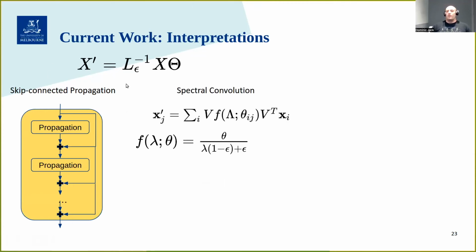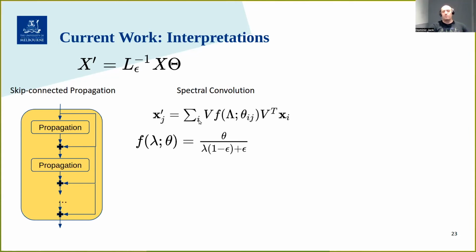But there's also a cool spectral interpretation. If we go back to this form of our spectral convolution, and rather than our f being 1 minus lambda with a theta, we do a 1 over lambda with some shifts to avoid singularities, then we end up with this expression up here. And recall we said that eigenvalues near 0 were important.